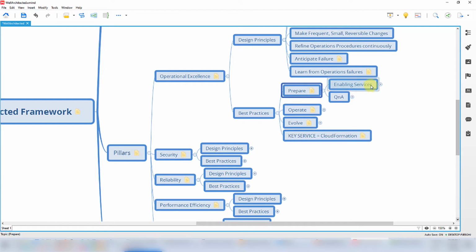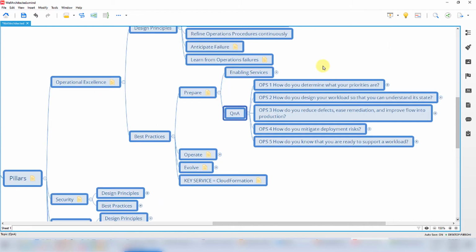One is the set of services that help with the actions in that practice category, and a set of questions which actually drive the best practices efforts. Here's an example. Now, if you put down all the questions related to every best practice in every pillar, what you have is a structured checklist that helps drive actions.